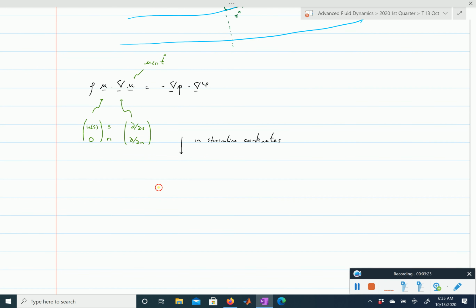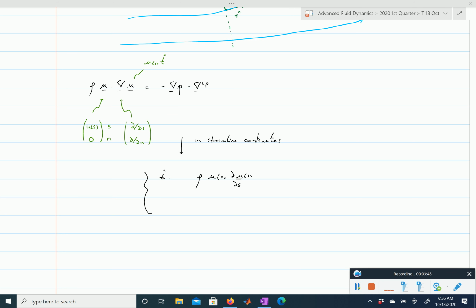you can rewrite the Euler equation with one equation in the s direction, so this is along the tangent direction. The first term is rho times u_s times partial u_s partial s. Note here that in streamwise coordinates, u_s is the velocity, so it's the magnitude of the velocity vector.